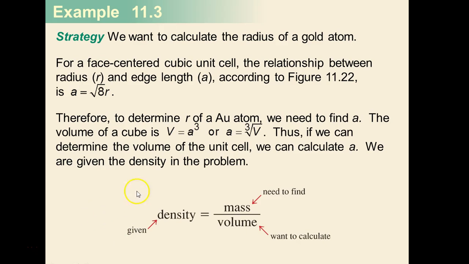So the volume of the cube is that edge length cubed. And so a is equal to the cubic root of the volume. So if we can calculate the volume of the unit cell, we can calculate the edge length. And we are given the density in this problem, density being mass over volume. So if we solve for this volume, we'll be able to solve for the edge length.